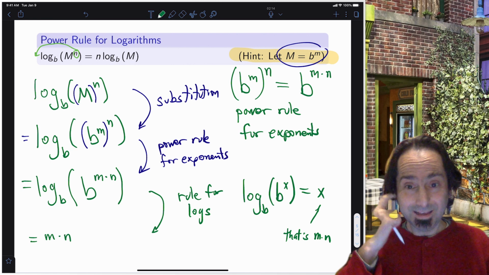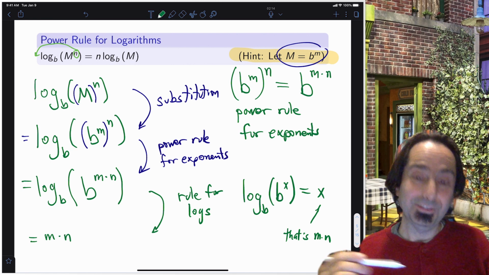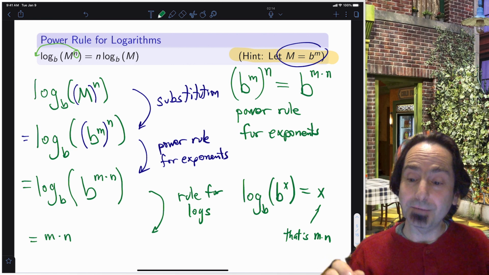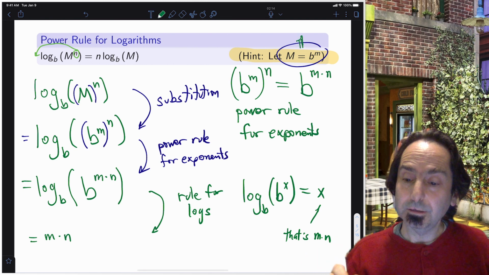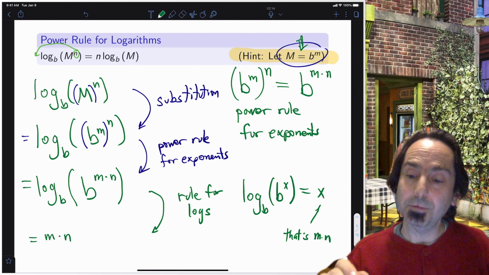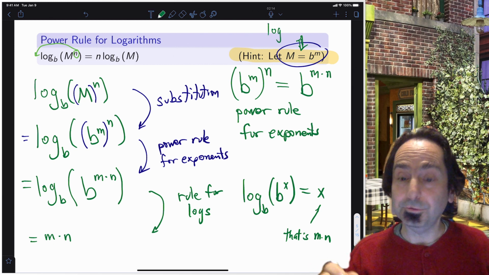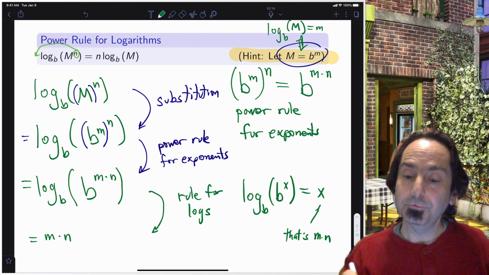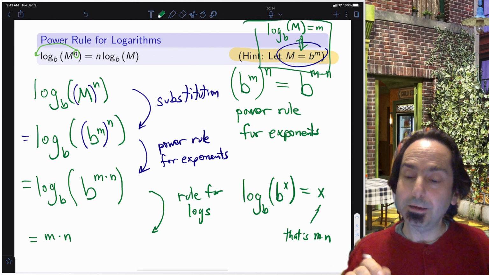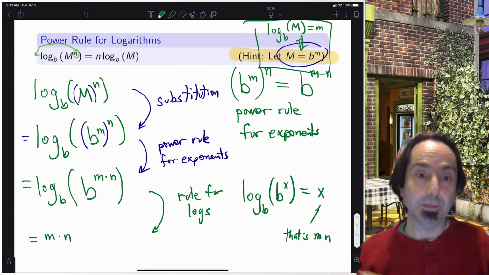But now I need to change that little m back to a big M. And I'm going to do that up here in the corner. That's an exponential form, but the log form is log base b, and the answer is big M, and the exponent is little m.